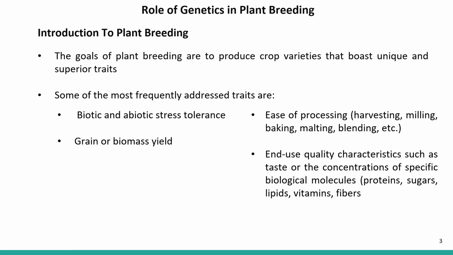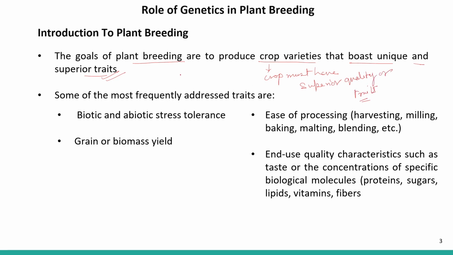So what is the goal of plant breeding? The goals of plant breeding are to produce crop varieties that boast unique and superior traits. The plants or the crops must have superior quality or traits.